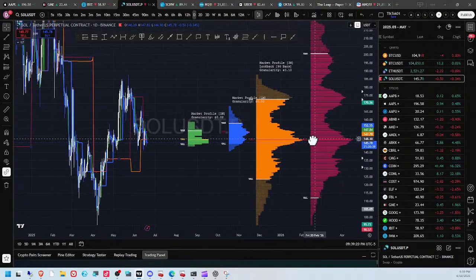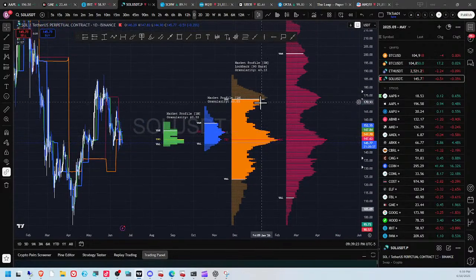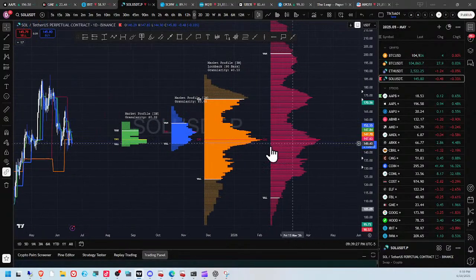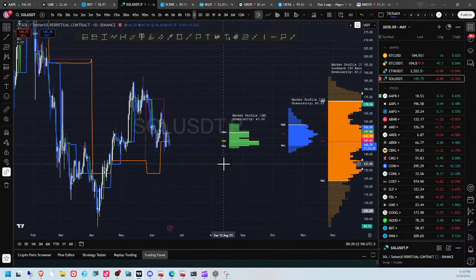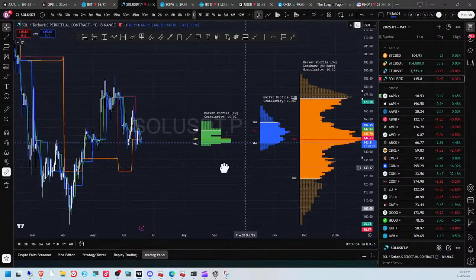In traditional markets, I found that towards the end of the month, the 6-month POC is where price would want to go, and not always, just more often than in crypto markets.